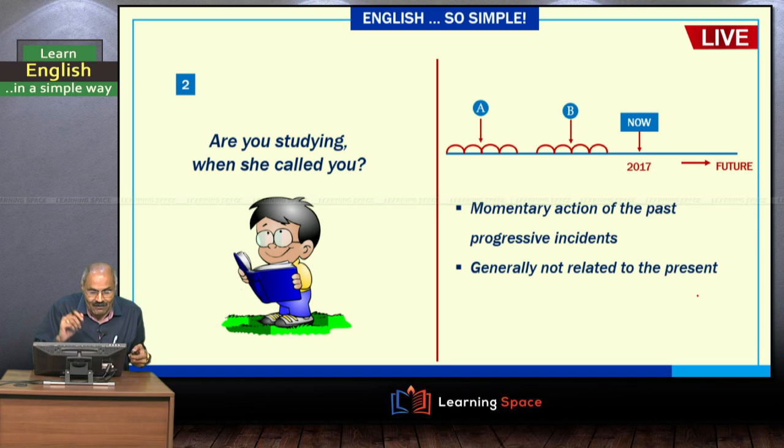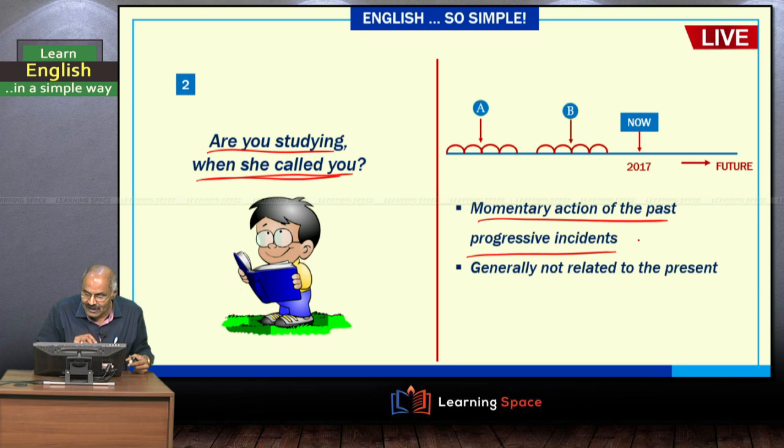Look at the next one. Are you studying when she called you? Here one important aspect one should not forget is that when she called you, everything is a past event. We deliberated about past events, one linked with the other. So, momentary actions of the past progressive events are generally not related to the present.